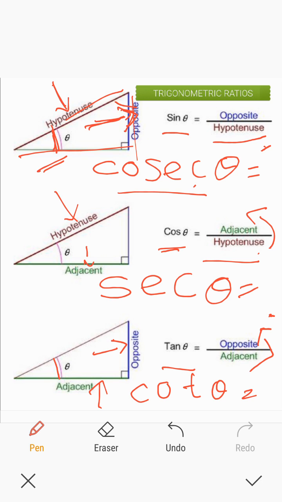Then cos theta is adjacent side of theta divided by hypotenuse, whereas sec theta is hypotenuse divided by adjacent side of theta. And tan theta is opposite side of theta divided by adjacent side of theta, and cot theta is adjacent side of theta divided by opposite side of theta. Study like this, okay?